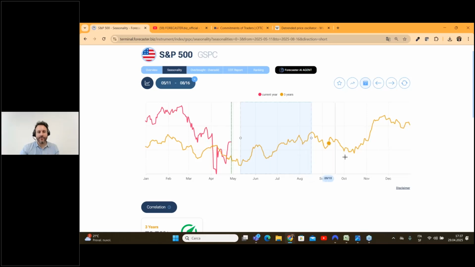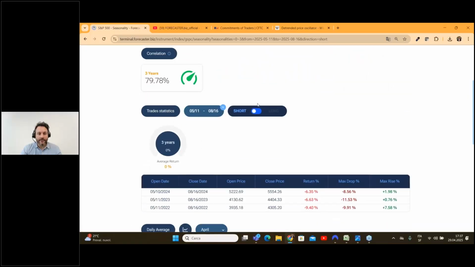And in this case, for example, we can definitely see that during a specific period, which is between the middle of May and the middle of August, we have a very bullish period, because in the last 3 years, 100% of the time in this specific period, we had an upward movement with an average return of 7.5%.